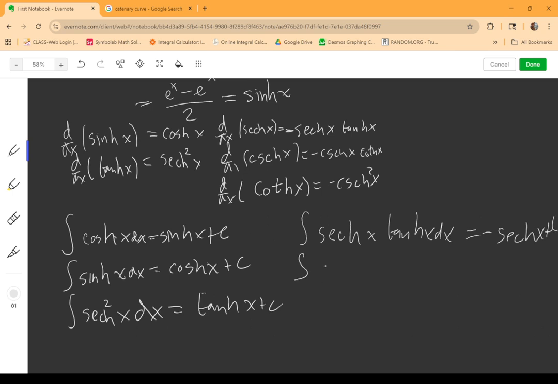And then my integral of hyperbolic cosecant of x times hyperbolic cotangent of x dx is negative hyperbolic cosecant of x plus c.